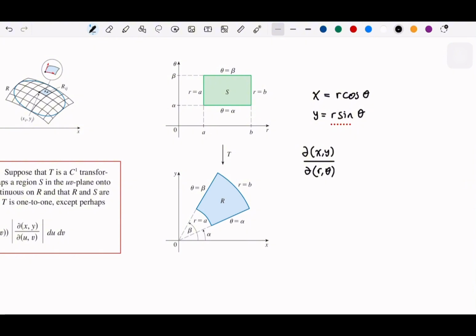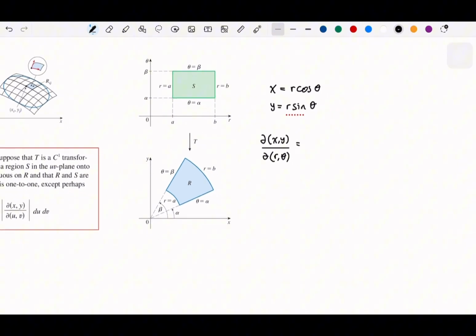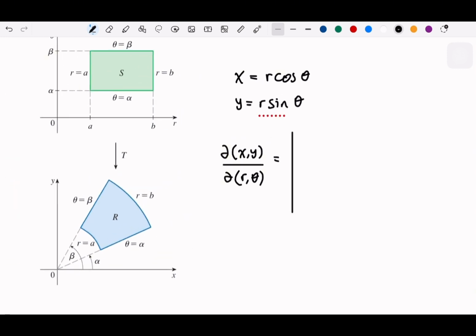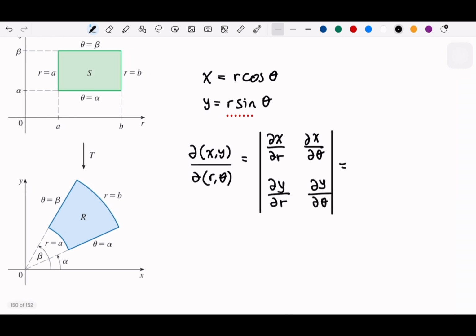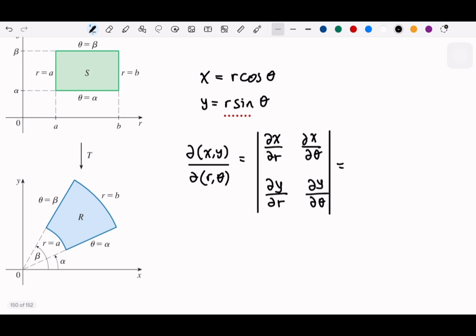So we can write this as the determinant of a 2 by 2 matrix: partial x, partial r, partial x, partial theta, and then partial y, partial r, partial y, partial theta. Which means we are going to partially differentiate x with respect to r.